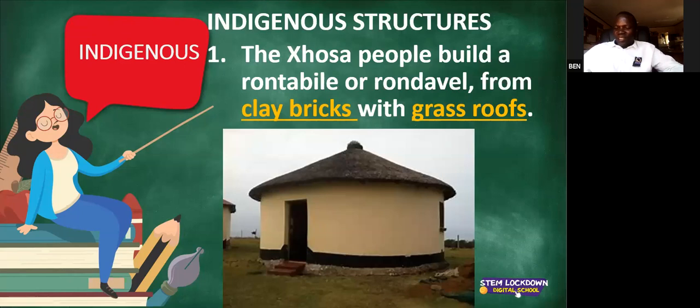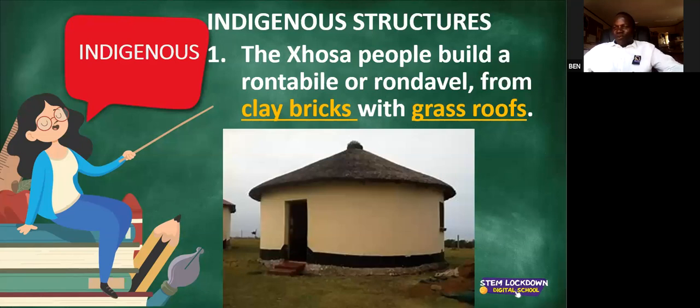As you can see, this house was made from bricks, and you can see it was also painted. And then the roof of the house is the shape of a what? A cone, an inverted cone. Then that is grass that has been put on top. It is important for you to know the shapes, and why they used these shapes especially.